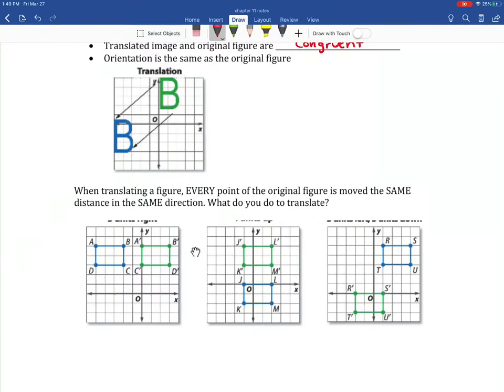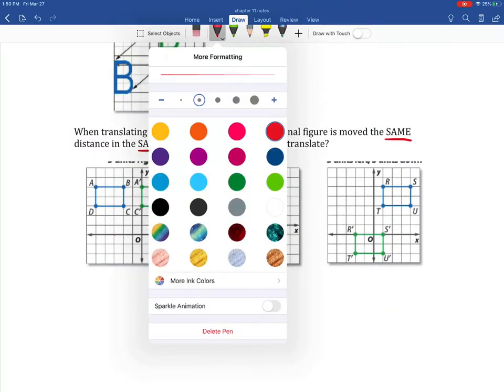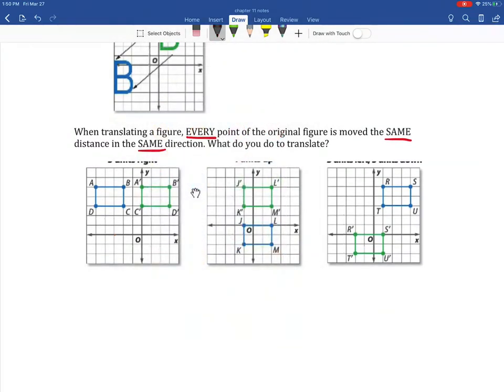When translating a figure, every point of the original figure is moved the same distance and the same direction. So what are you going to do to translate? Well, first of all, this picture is taken directly from your book, but there is a typo. So please change this to D prime and this to C prime.